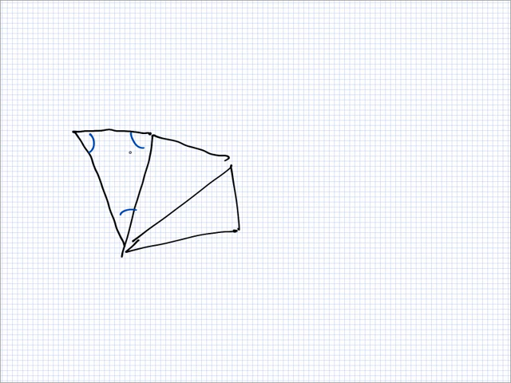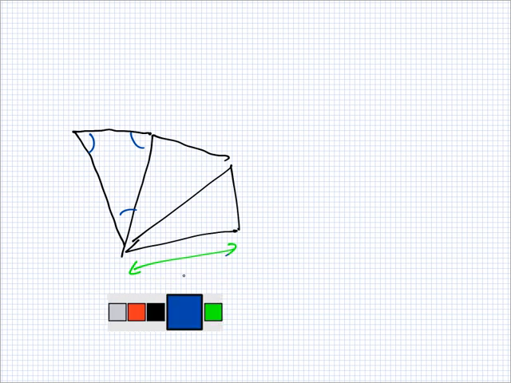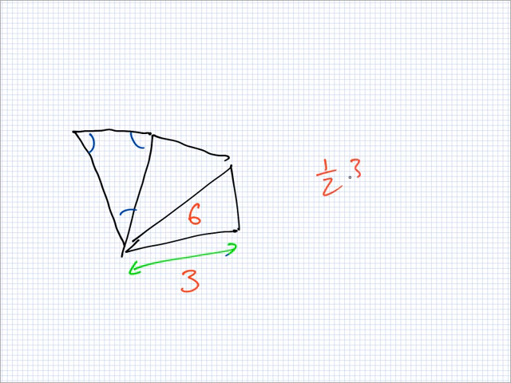So, if you look at the first triangle, I tell you the base is 3 units, and the area is 6. So we can work out the height by saying a half the base by the height should equal 6. So that means 3h should equal 12, so h should equal 4. So this here is 4. And if I use Pythagoras, then this side here is 5.